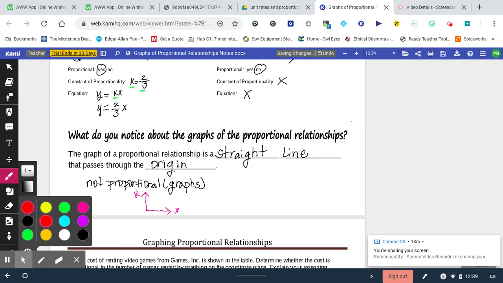Now, if we had something like this, let me do it in black. It's touching the origin, but I'm not going to make it straight. So just because it touches the origin doesn't mean it's proportional. It's not a straight line. It's got to be 2 parts. It's got to be a straight line and it has to touch the origin, okay? So don't get tricked by those that look like that.